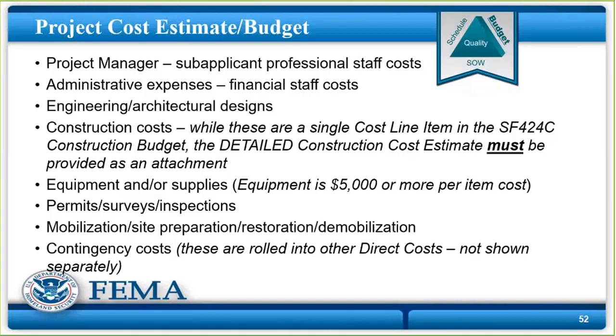And that's fine. That's what you need. We just need to know where that came from. You roll it into the direct cost line item. And then you don't have to come back to FEMA every time you want to move money from that contingency cost, because most of contingency cost is inflation, okay?